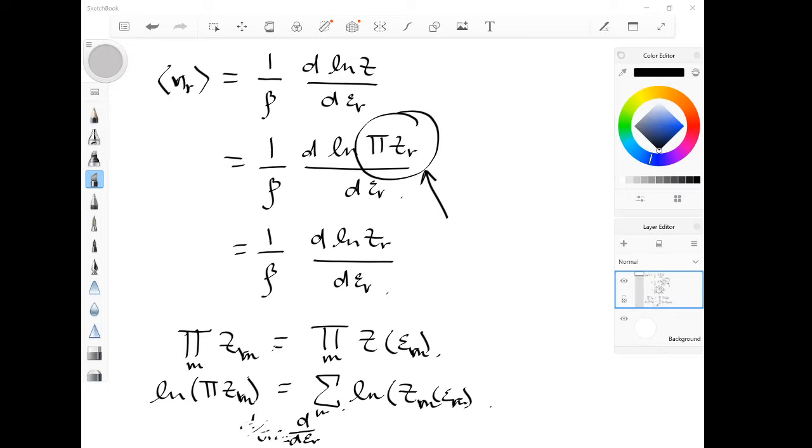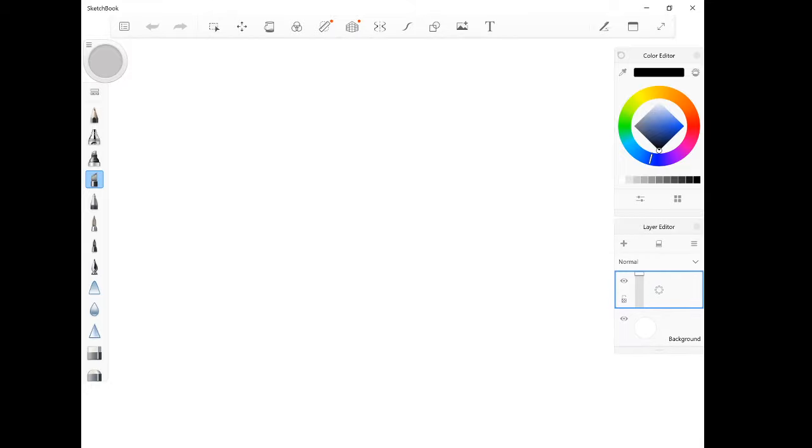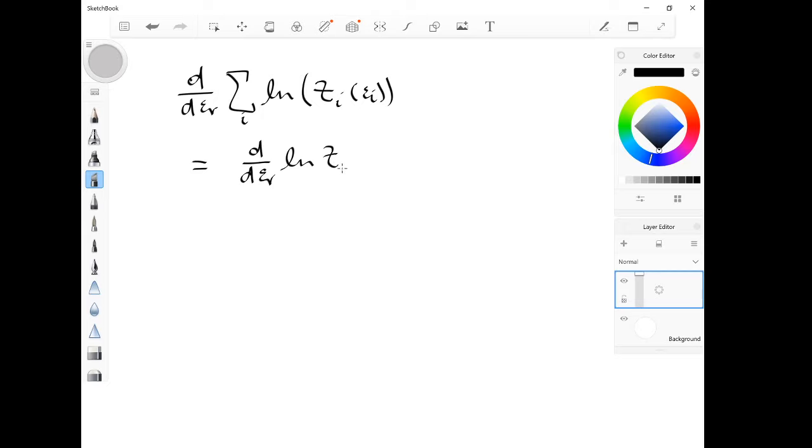Made this a bit of a mess. So if you just have, yeah, I'm pretty sure that's how it works.